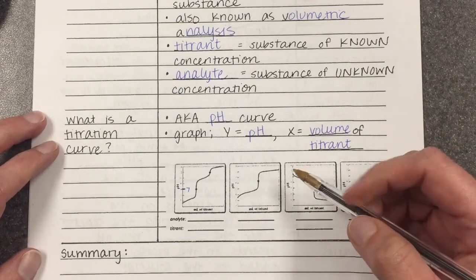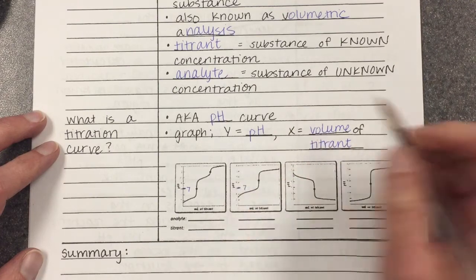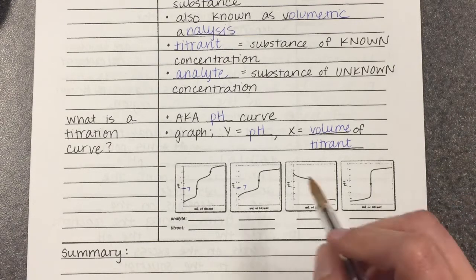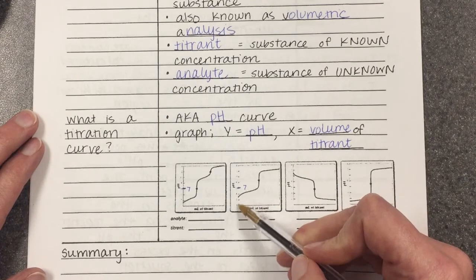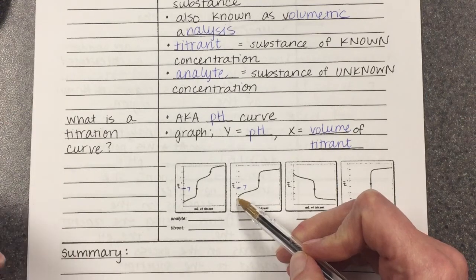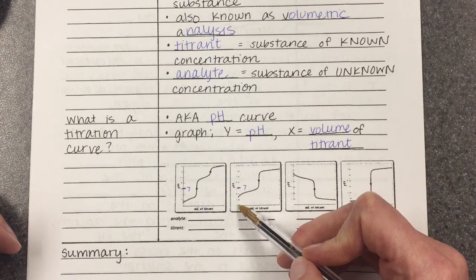Looking at this next curve, this is 7 right here. If I look at the equivalence point for this one, I notice that it is not at 7. And we're starting at a pH under 7, so we're starting with an acid. Some type of acid is the analyte, but it's probably a weak acid because it's not starting very low.